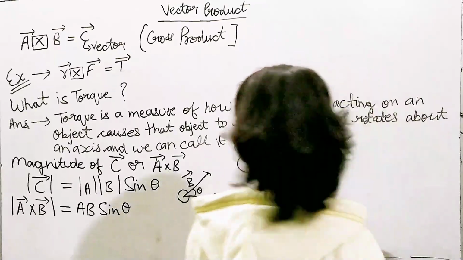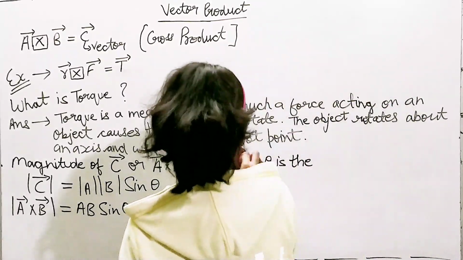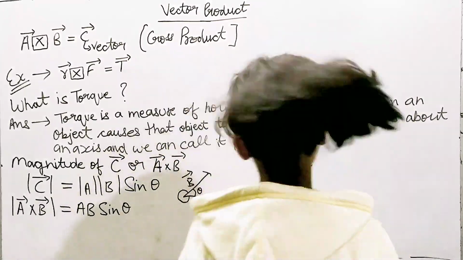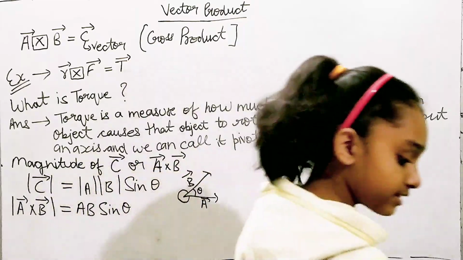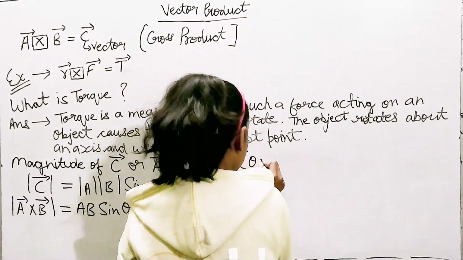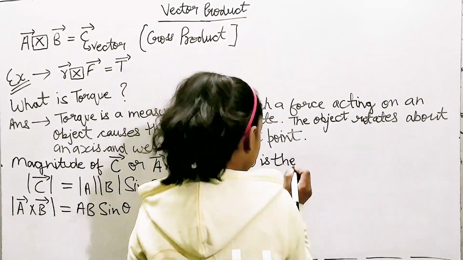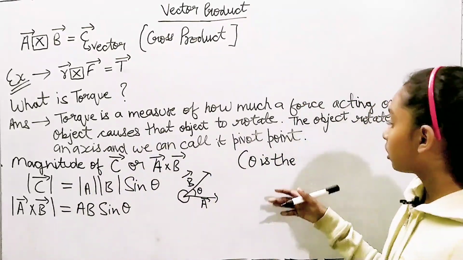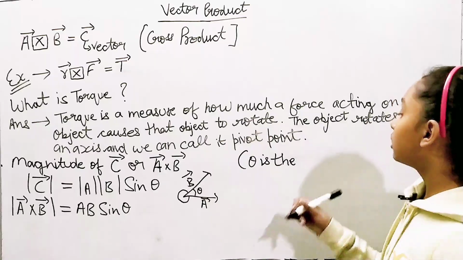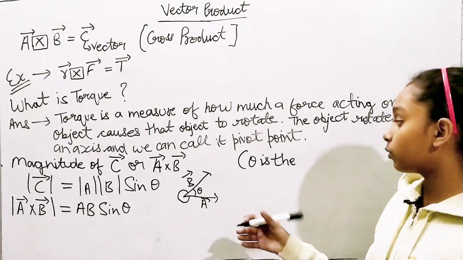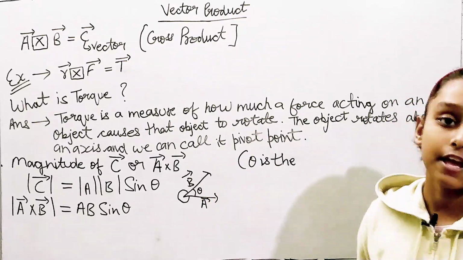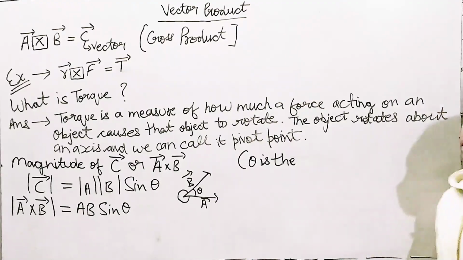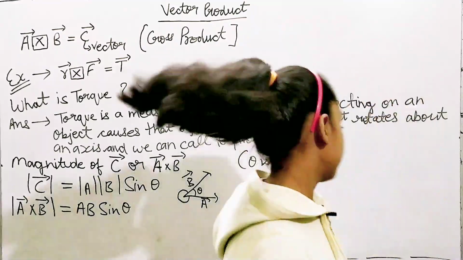Guess what it will be. Just pause the video and guess what our theta will be in vector product. Okay, 5, 4, 3, 2, and 1.